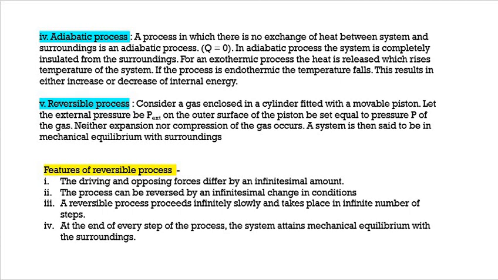The reversible process proceeds infinitely slowly and takes place in an infinite number of steps. And the last feature is, at the end of every step of the process, the system attains mechanical equilibrium with surroundings. So this is all about the features of a reversible process. Thank you.